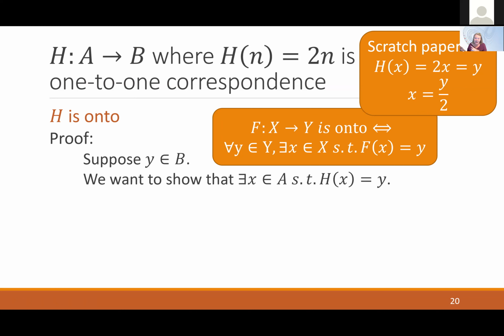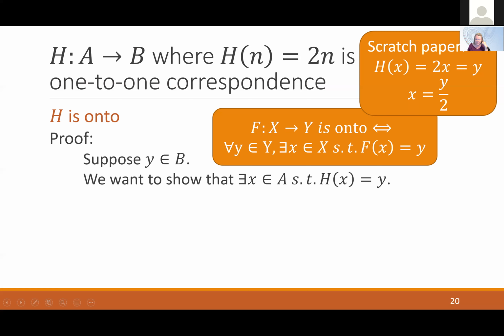Well, I'm going to divide both sides of that 2x equals y equation by 2. And the x that will give me a specific y value is y divided by 2. So for example, if I chose 4 out of the codomain, the number that would have gotten me to 4 would be 4 divided by 2, or 2. So that's a quick example.